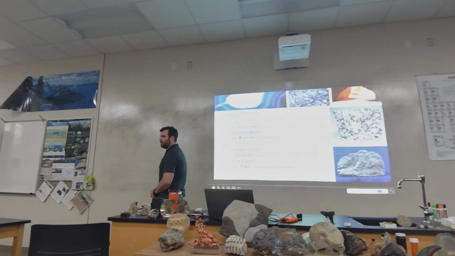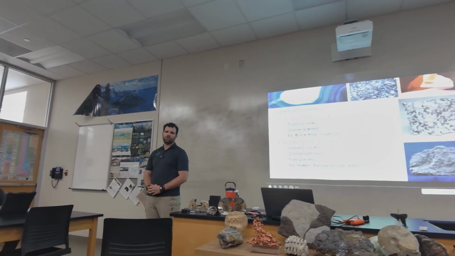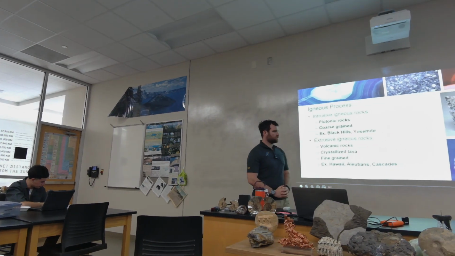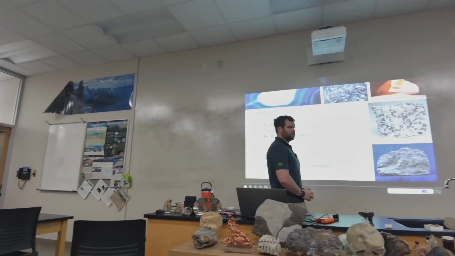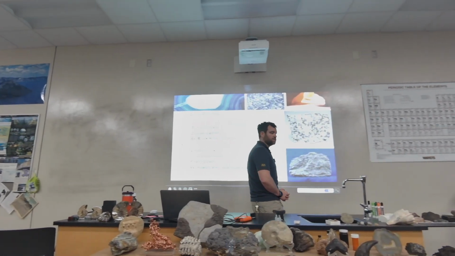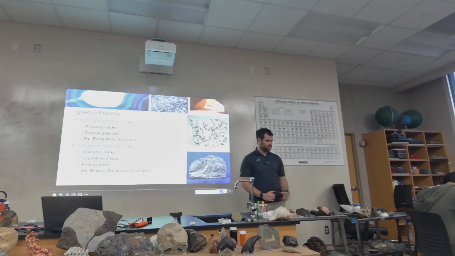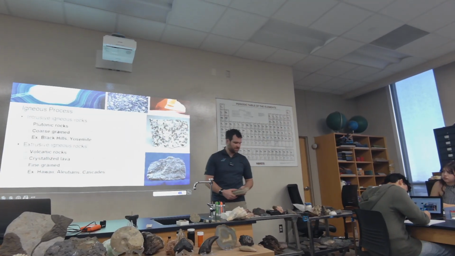They are typically characterized by a large crystal size, whereas extrusive igneous rocks are those that cool above the surface or very near the surface and are generally characterized by small crystal size. Let me show you an example.